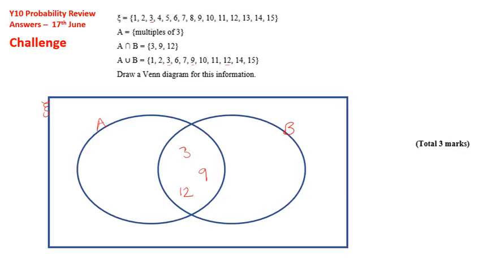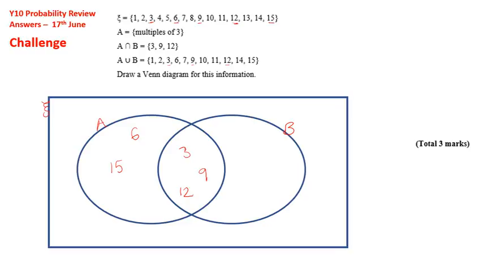So we've got 3, 9 and 12 already in the overlap for A. I need to pick out all other multiples of 3 from the universal set. So I've got 3, I've got 6 needs to go in here, 9, 12 and 15 needs to go in here. So for set A, 3, 6, 9, 12 and 15 from the universal set.